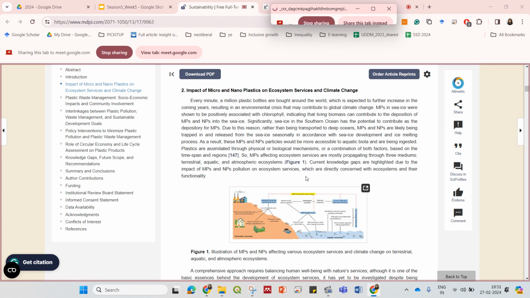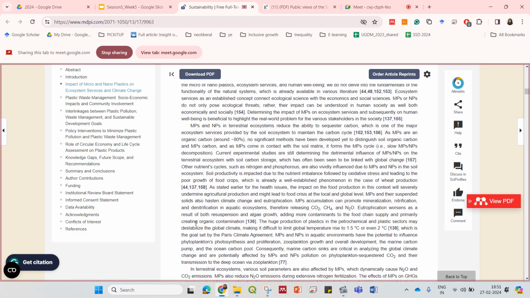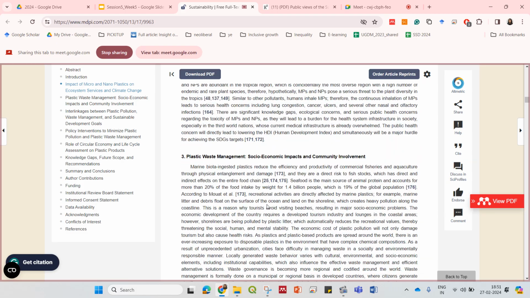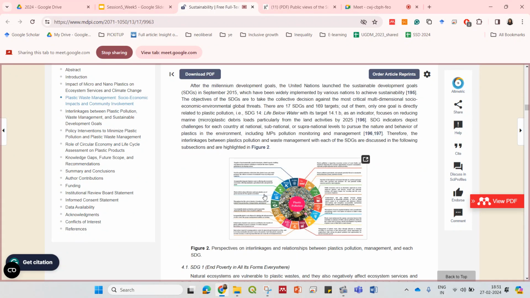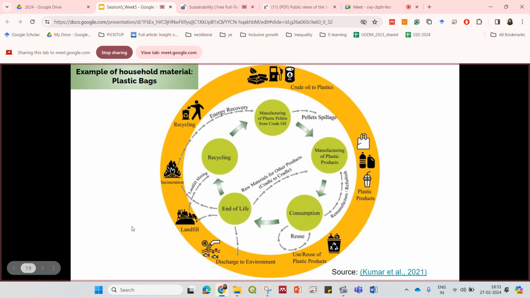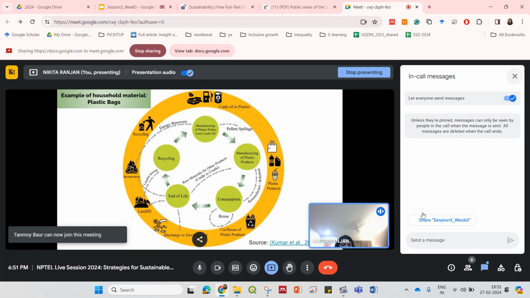It also goes into detail about how, when waste comes from the spillage of plastic pellets or irresponsible disposal of plastic waste, plastic is leached into the environment. So if you want to read in detail, you can refer to this study. So this is one example.